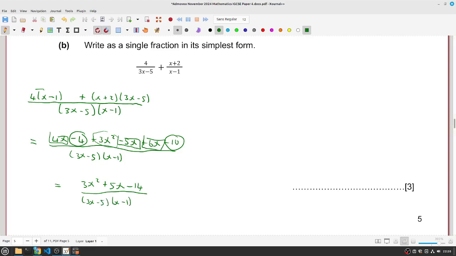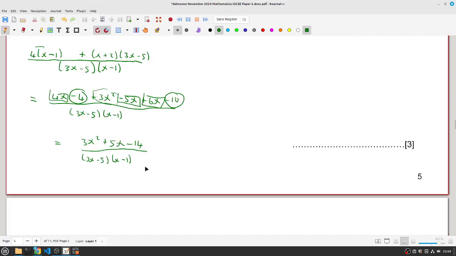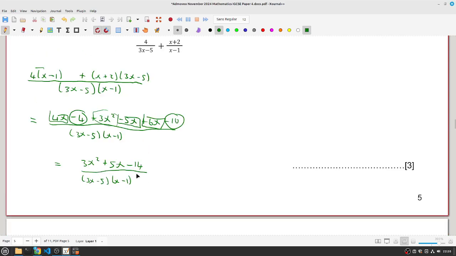And then one last thing we need to check is, can the top now factorize? Because if the top can factorize, then we have to factorize it to see maybe something can cancel out. So how would we know if this could factorize? Well, not just by looking, but what can we do to check? For me, I like to take the value in front of the x squared, the coefficient of x squared, and the constant, and multiply those together.